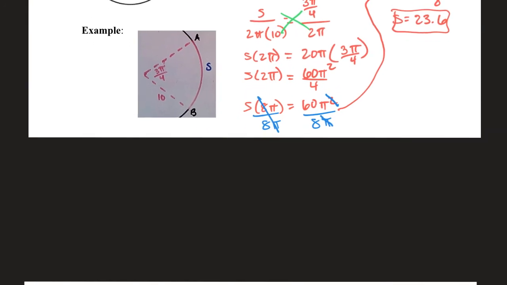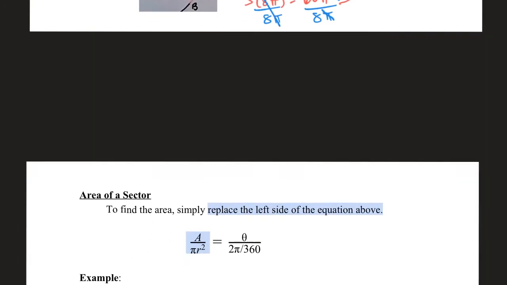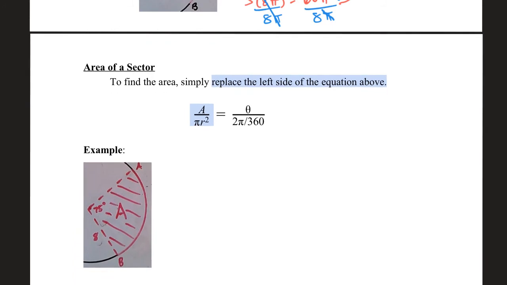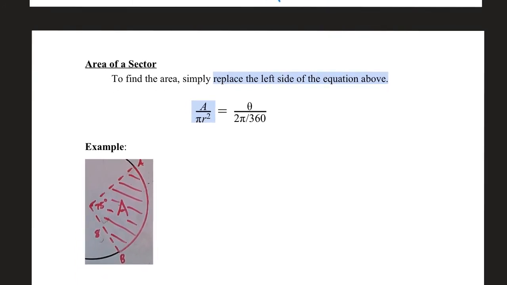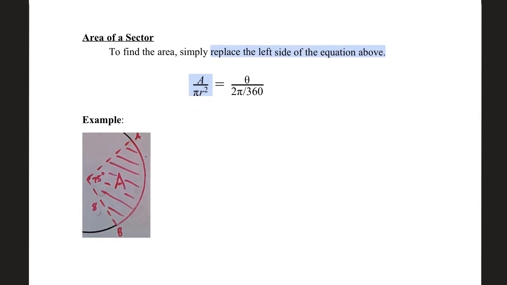Now what you're going to notice about the area of a sector formula is that it looks strangely familiar to the arc length that we just did. The only thing that switches is what it says.